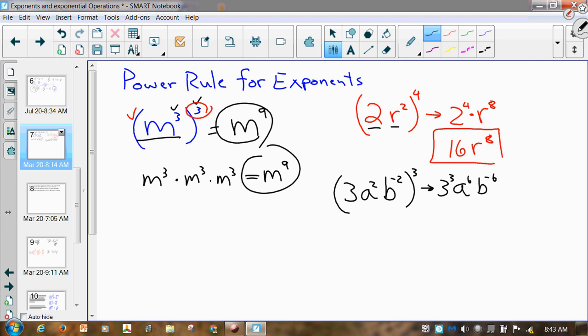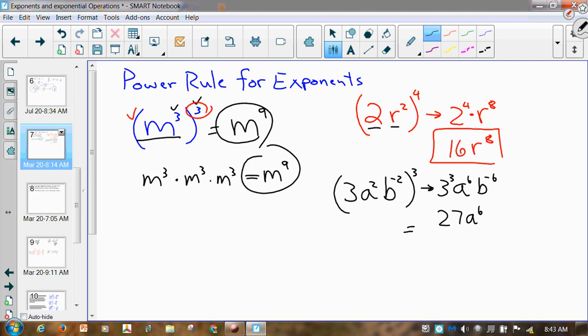Okay? Now let's rewrite this. First thing is, the 3 is a number that we know, so we go ahead and raise 3 to the third power. We said 3 to the third power is 27. 27, and then we have a to the 6. And what do we do with the b to the minus 6?